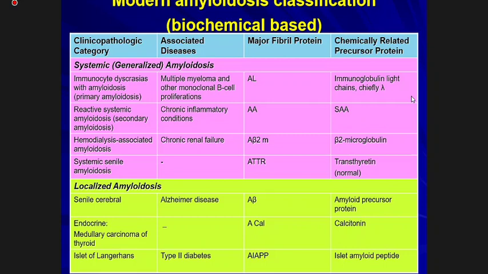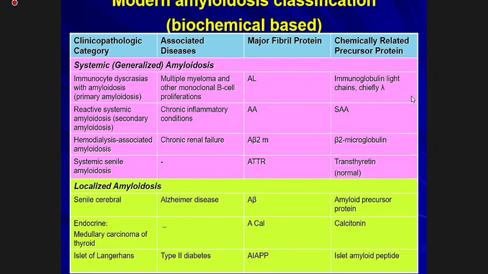So why do we call it systemic amyloidosis? Anyone? It does not localize. It affects the whole system. Okay, good. Because it can be deposited in a few organs, it doesn't localize into one organ.